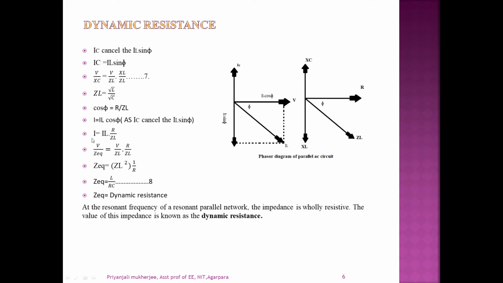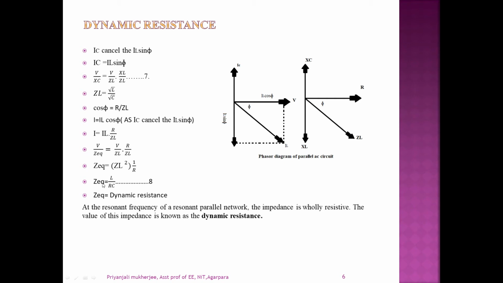So we can say I is equal to IL into R by ZL, and I means V by Z equivalent, and that is equal to IL. IL is V by ZL and R by ZL. From this equation we can find that Z equivalent is equal to ZL square into 1 by R, and we know Z equivalent is equal to L by CR, where this Z equivalent is known as the dynamic resistance.